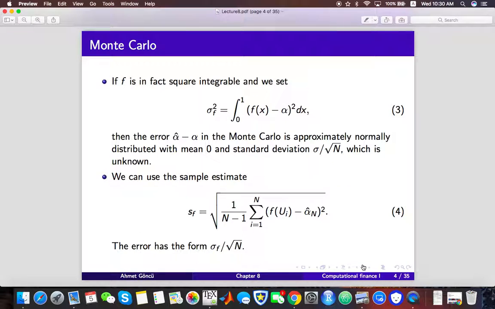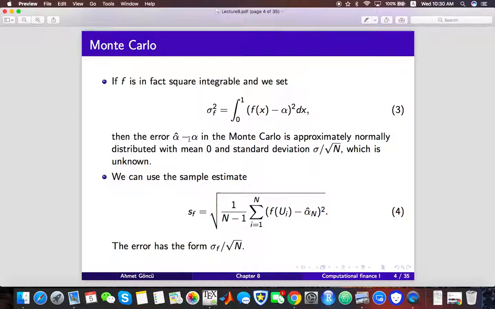If we try to calculate the variance, as long as this function f is a square integrable function, then we can write equation 3.